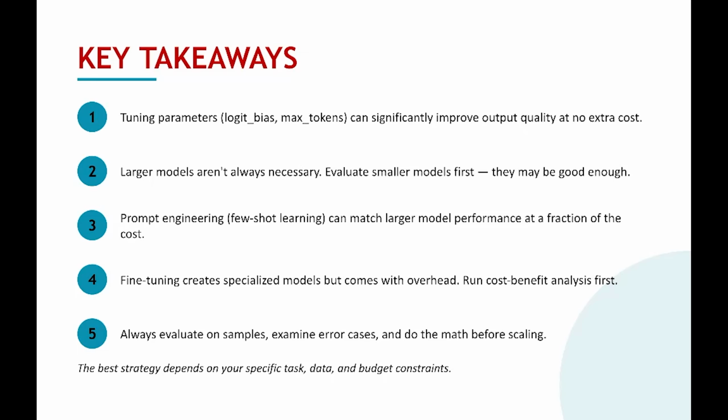Third, prompt engineering, especially few-shot learning, is often the best cost-quality trade-off. Fourth, fine-tuning is powerful but comes with overhead, so you might want to do the math first. And fifth, always evaluate systematically on samples before committing to a full-scale run. The optimal strategy depends entirely on your specific task, data, and budget.